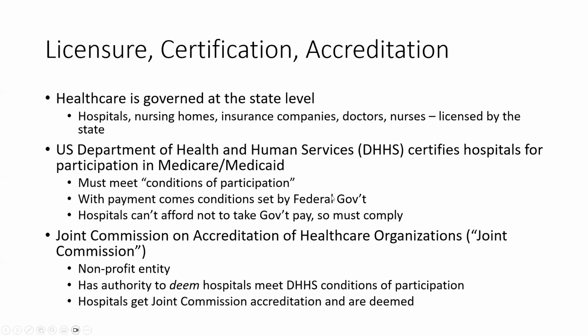And since some 60% of a hospital's revenue is going to come from Medicare and Medicaid, when CMS, which is the division of HHS that governs Medicare and Medicaid, says, "All right, hospital, do X, Y, and Z, or we won't send you any Medicare money," the hospitals all say, "Yes, sir," and drive on, right? They do what CMS says. So you have to meet conditions of participation in order to get federal money.